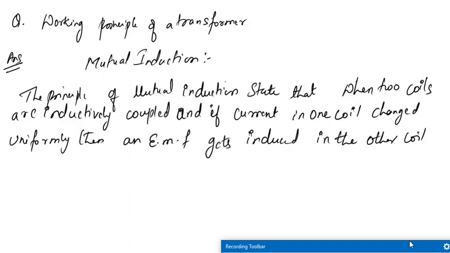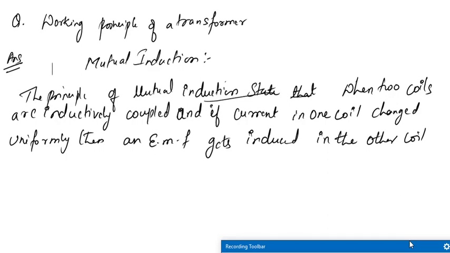The principle of mutual induction states that when two coils are inductively coupled and if the current in one coil changes uniformly, then an electromotive force gets induced in the other coil. So what exactly are we trying to understand here?